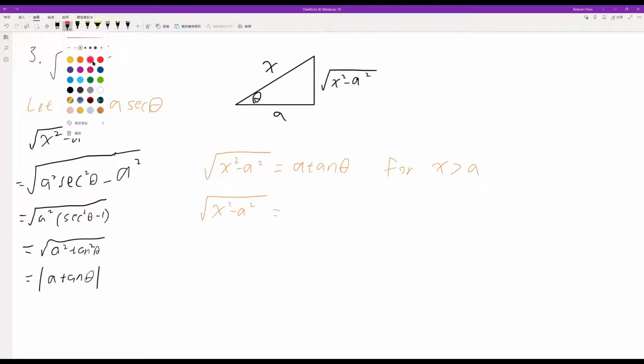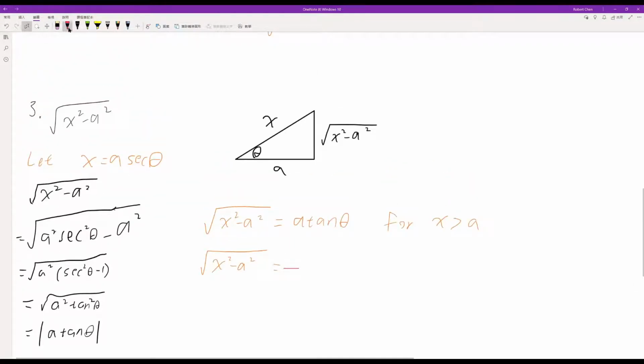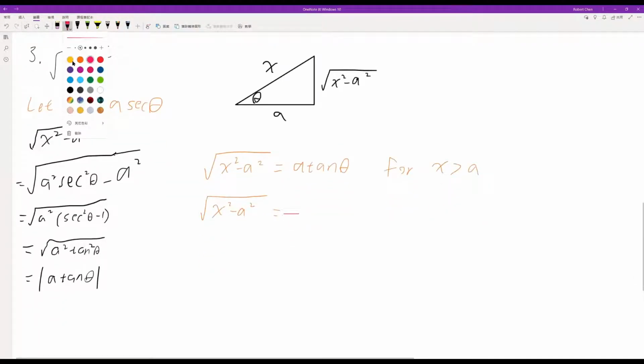It's going to be negative a tangent theta for x less than or equal to a, because we have to consider when theta is between pi over 2 and pi. Sorry, a little mistake. It should be less than negative a, right?